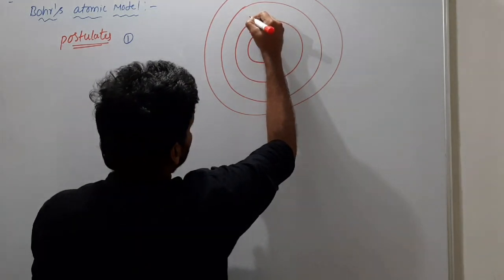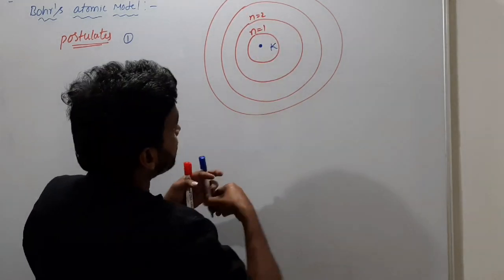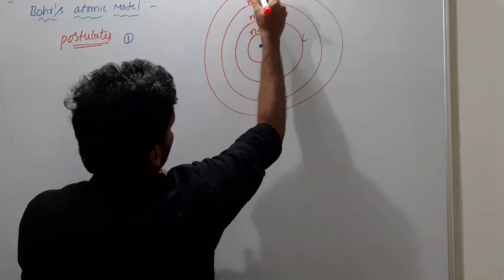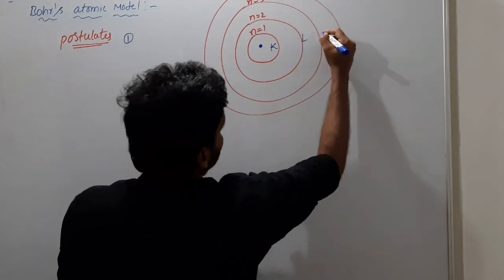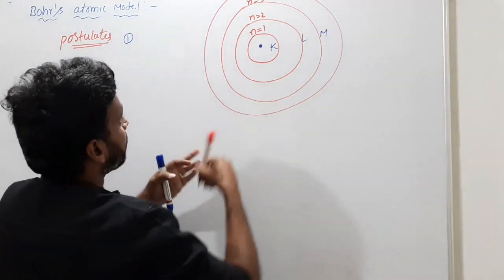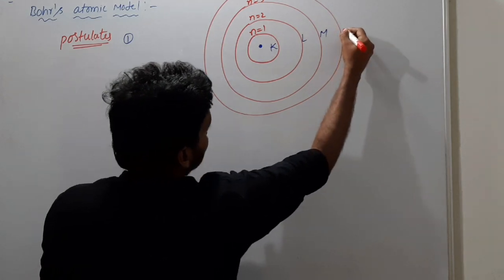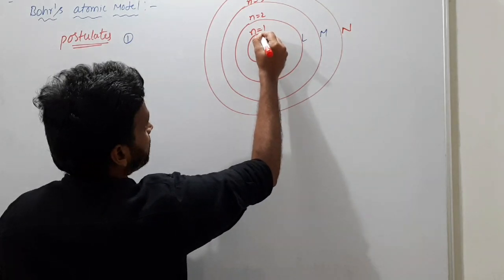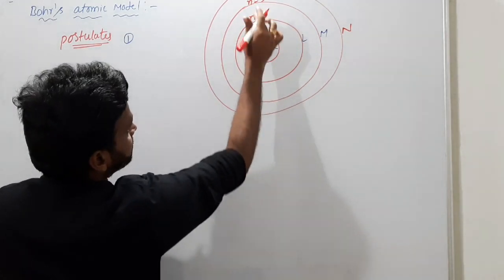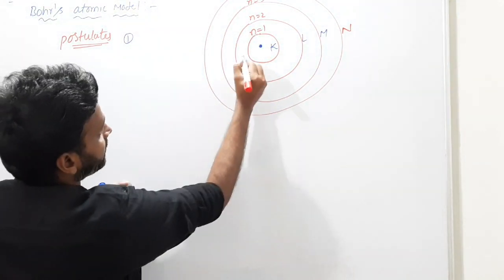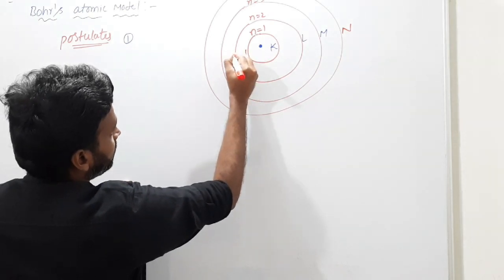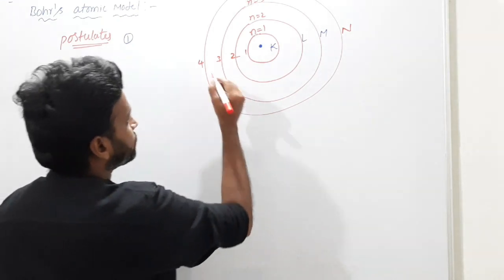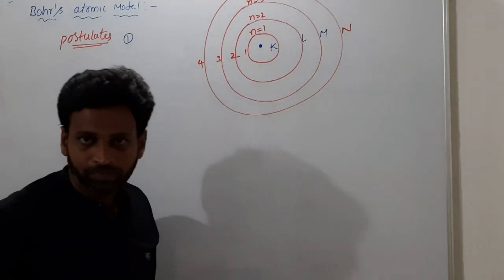Orbit number 2, the shell is called L. Orbit number 3, M shell. Orbit number 4, N shell. So this is the first shell, this is second, third, and fourth. N equals 4, N shell.